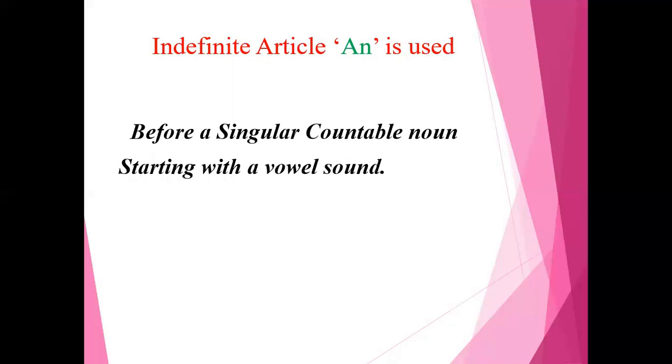Please focus on the word sound. Unfortunately, students believe in the letter. No, you need to focus on the vowel sound. For instance, this is an exam. It's an apple. Why an apple? It is producing the vowel sound.